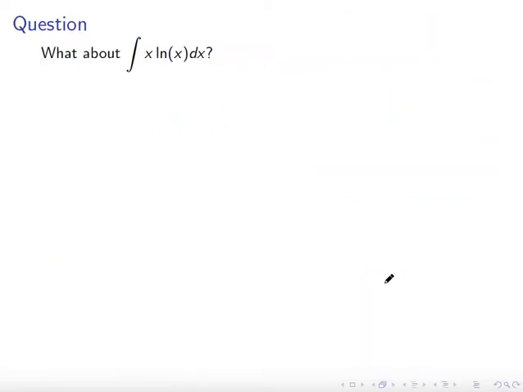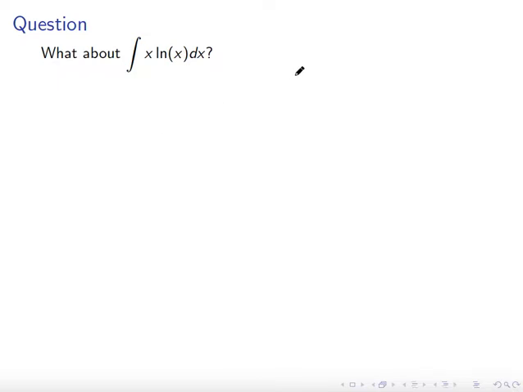Okay, so now I have a question. What about x ln of x? If we have multiplication of some other function by ln of x, then maybe integration by parts is a good technique to apply, because x and ln of x are two different types of functions. Here we are not going to use that invisible one method. Why?